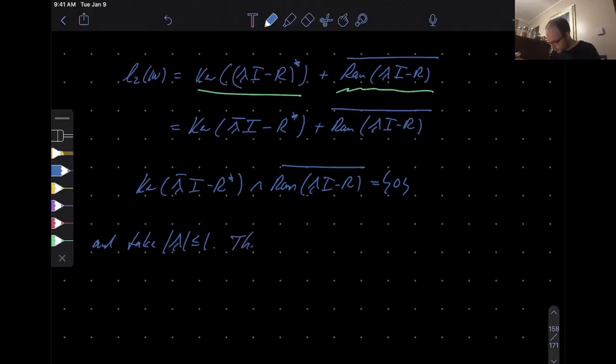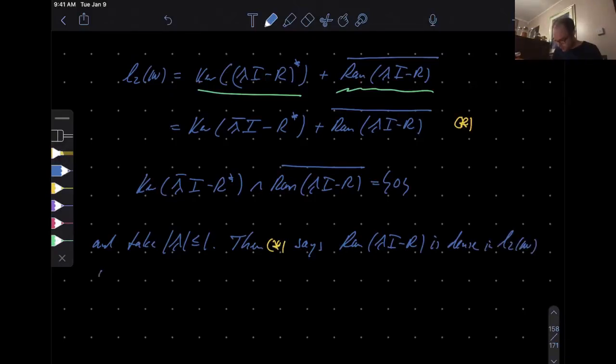Then this star says the range of lambda I minus R is dense in L2 if and only if that kernel there is the zero vector space.